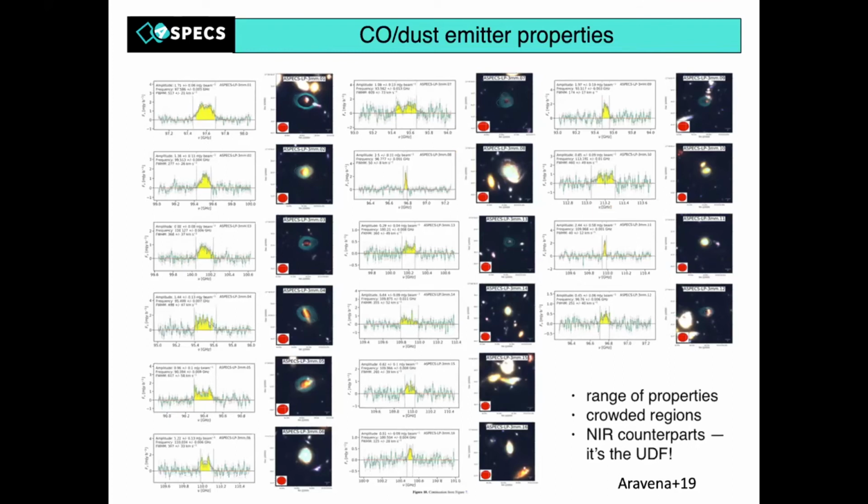Most of them have near infrared counterparts, and that's a very interesting thing, because there have been claims that there are these HST dark galaxies, but in this case we don't find any HST dark galaxy in the UDF. We believe that one of the reasons might be that the UDF goes so deep in HST imaging that you are really detecting everything that you can. And the other surveys are not detecting this just because of the lower sensitivity of the HST images.